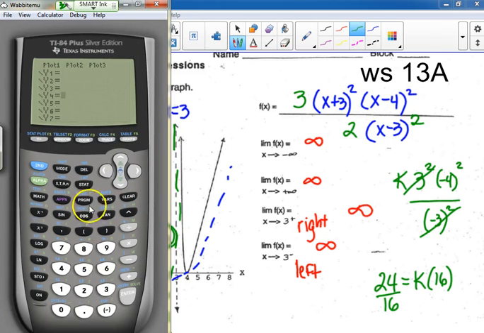Parenthesis, parenthesis. Someone want to hit the lights? 3 parenthesis x plus 3 quantity squared. Parenthesis x minus 4 quantity squared. Close the whole top. Divided by, did I mess up anything yet?